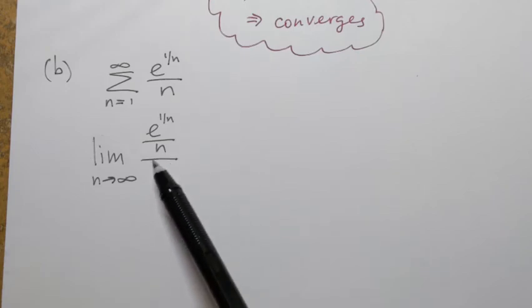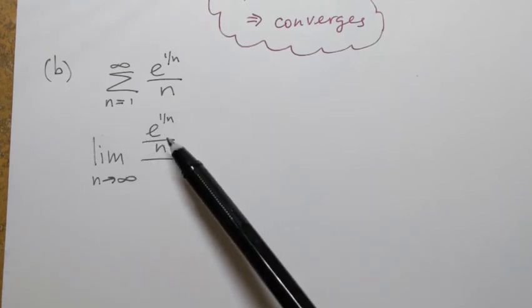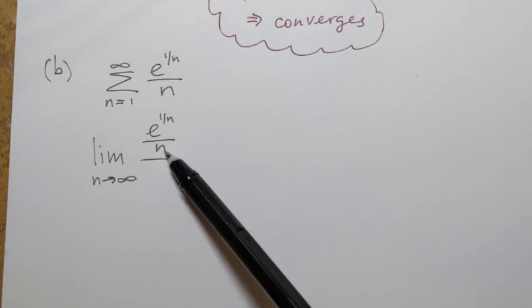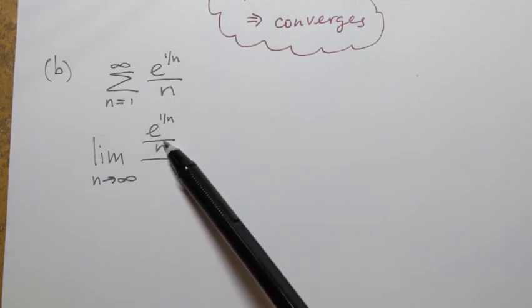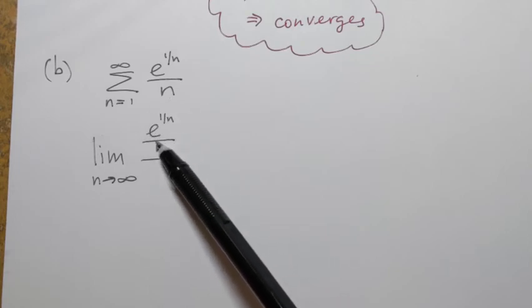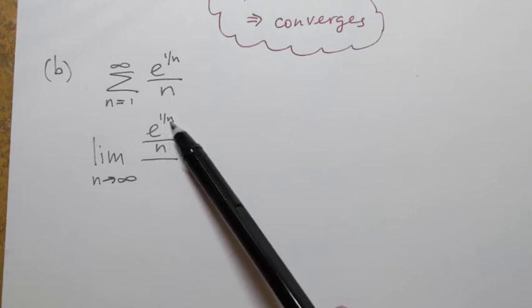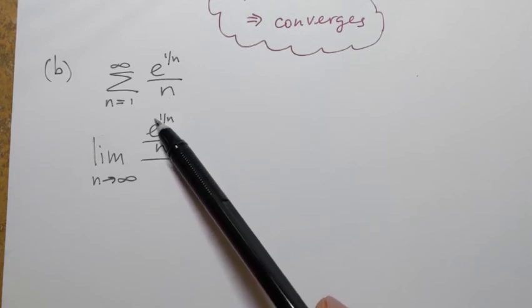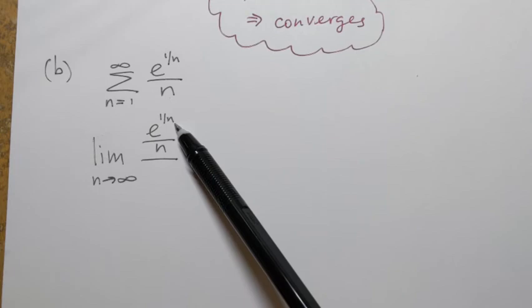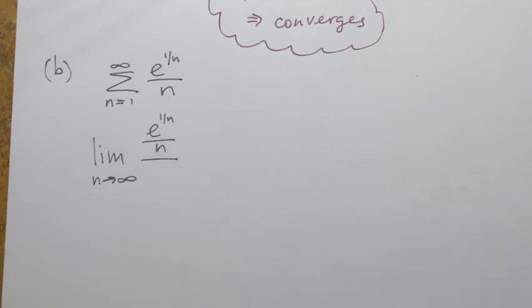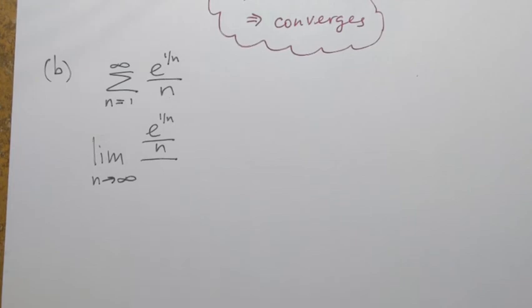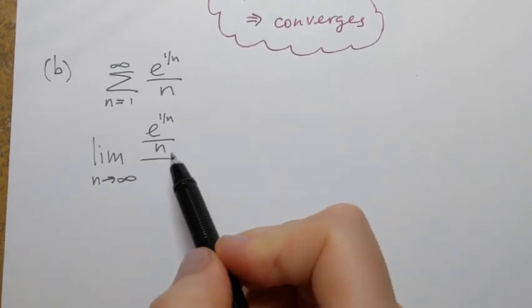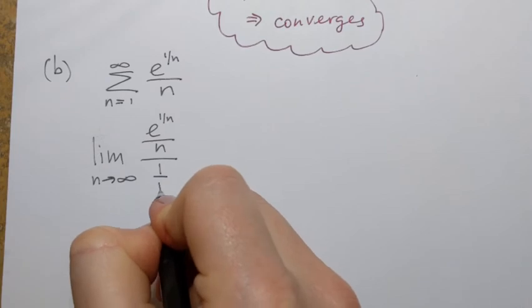As I think about what I have here, I can see that if I can cancel n in the denominator, I will be able to take the limit of e to the power 1 over n. As n approaches infinity, the denominator approaches infinity, so the power approaches 0, and e to the power 0 is 1. So canceling that n will do it. By what do I need to divide to cancel this n? I have to divide by 1 over n.